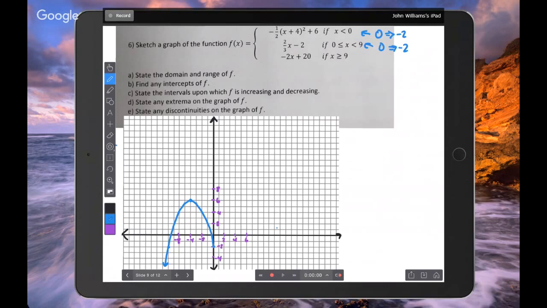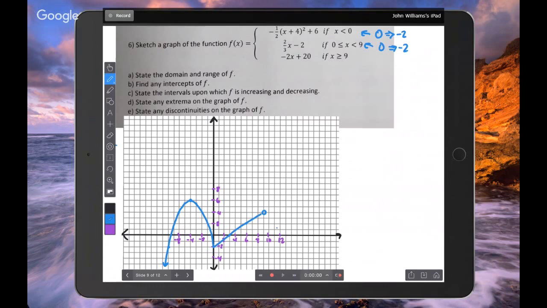So up 2 over 3. There we go. Up 2 over 3. There we go. And all the way out to 9. 7, 8, 10, 12. So here's 9. Up 2 over 3. But at this point, I am going to want an open circle, because the function is not going to be continuous at that point.